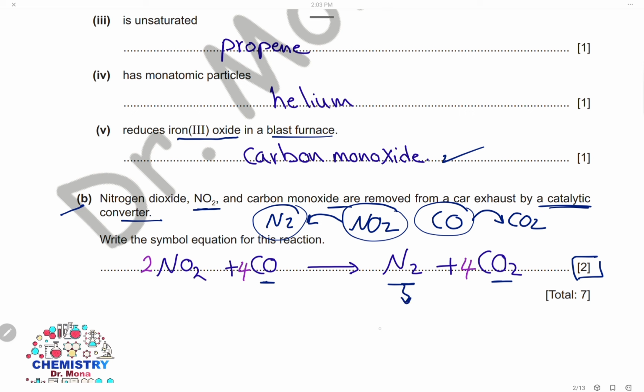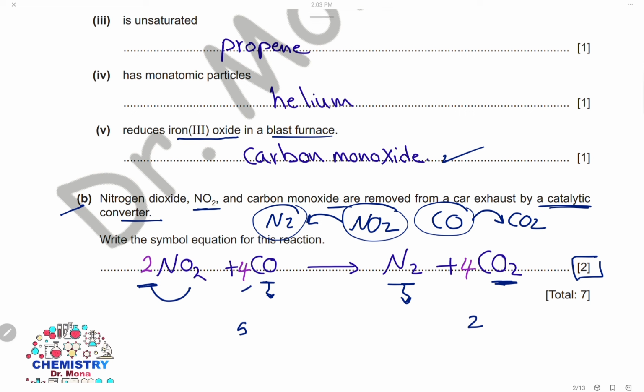We have 2 nitrogens on the right side, so we have to add 2 in front of nitrogen dioxide, and then let's balance carbon and oxygen. We have 4 oxygens here and 1 oxygen, so we have 5 oxygens on this side, and on the right side we have only 2 oxygens in carbon dioxide, so we have to make the 2 sides equal.